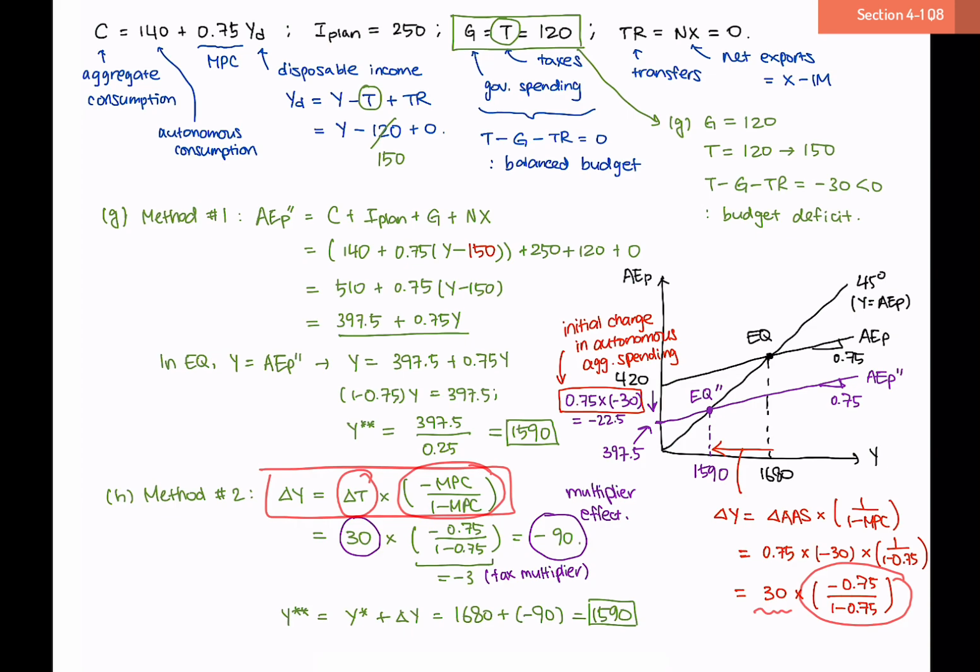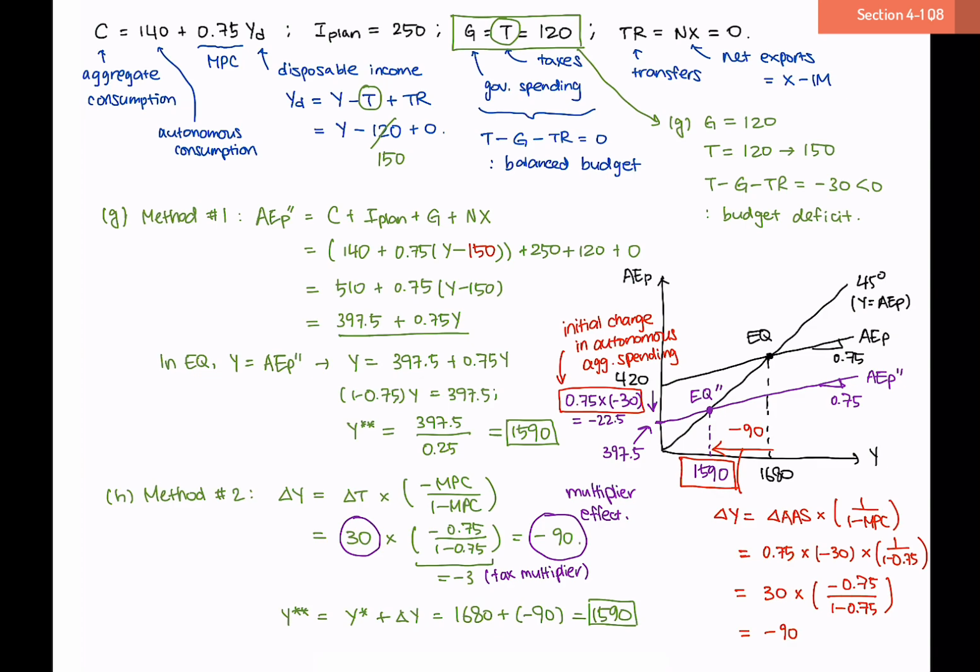This is how we get the tax multiplier equation that we saw earlier. And so, in sum, our output in total decreases by 90 as a result, which also gives us the same result of our new equilibrium output being at 1590. So in sum, tax multipliers are not very different from your spending multipliers.